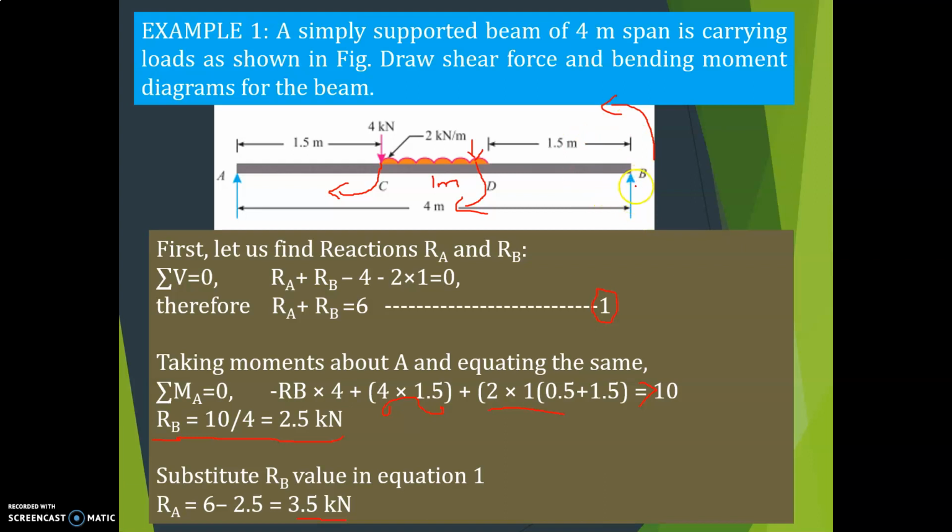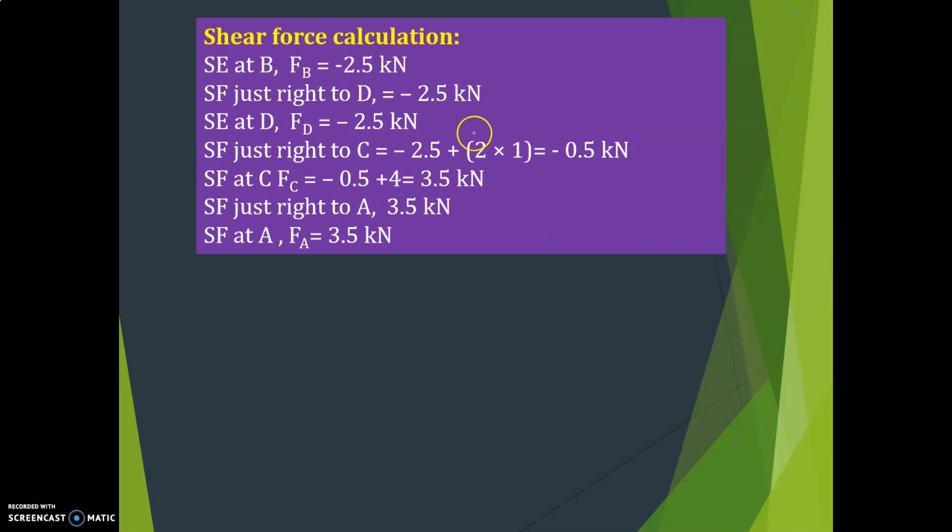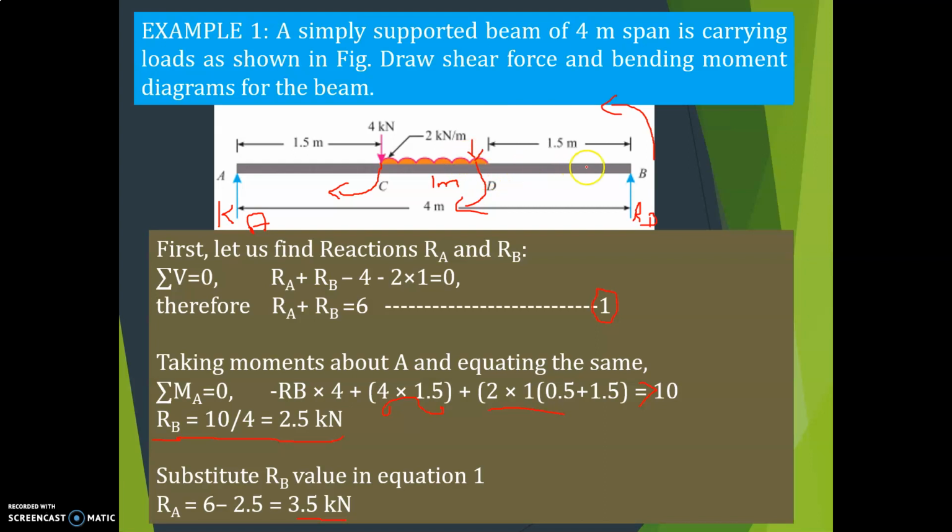So this is the right side. Shear force at B is minus RB, that is equal to minus 2.5 kilonewton. Next, shear force just right of D. Here there is no load, nothing.